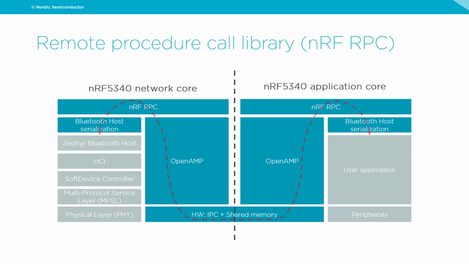OpenAMP transport uses shared memory and hardware IPC mechanisms. The same transport is used on the network core side.